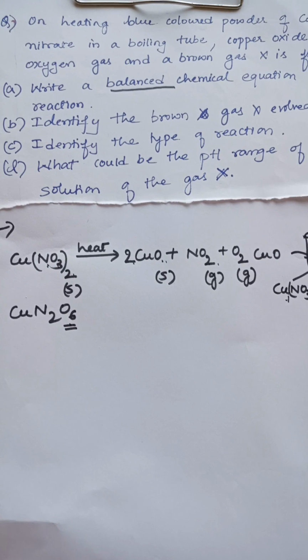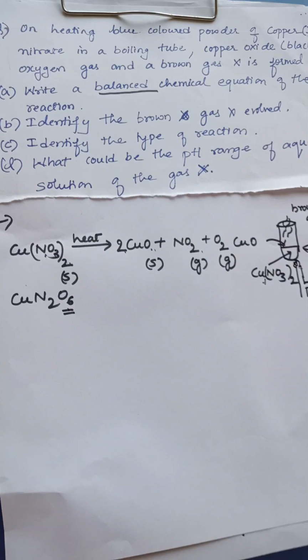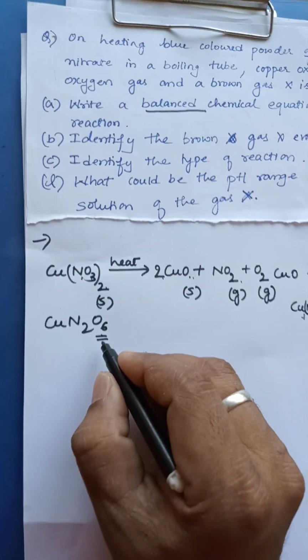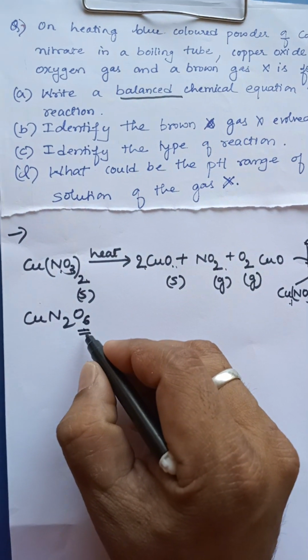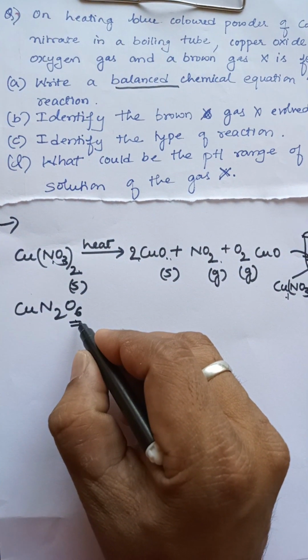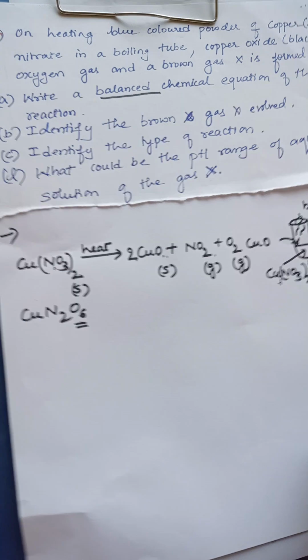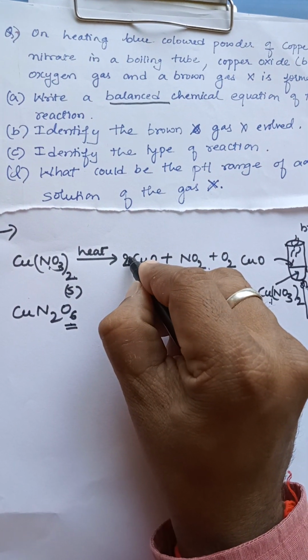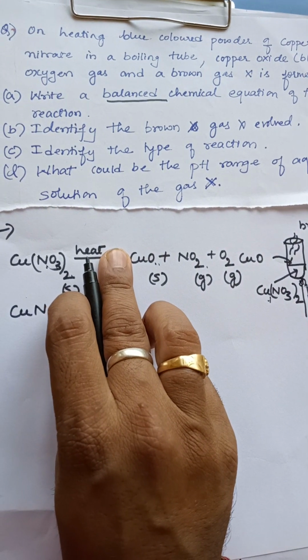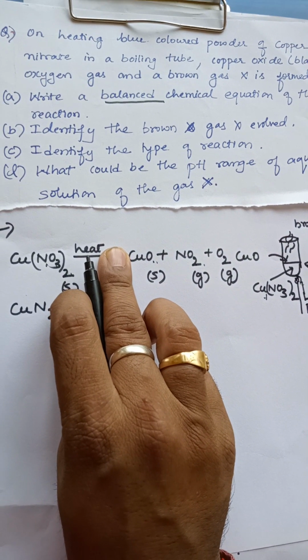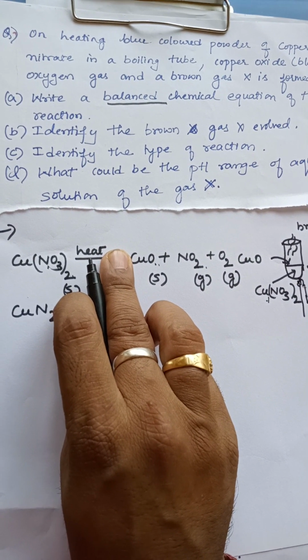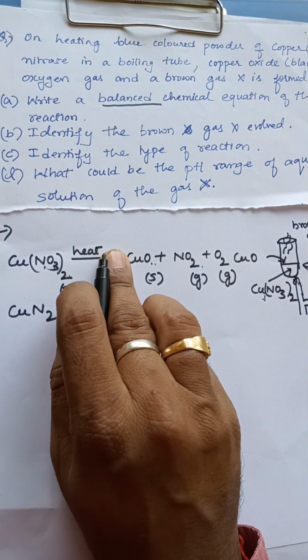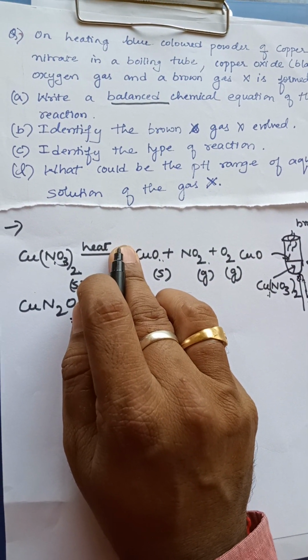Now coming back to balancing this equation, the element with the highest number of atoms is oxygen. In the reactant side it is 6. In the product side, before I had written 2, it will be 1 plus 2 plus 2, so it will be 5 in number. Here it is 6, and in the product side it is 5.